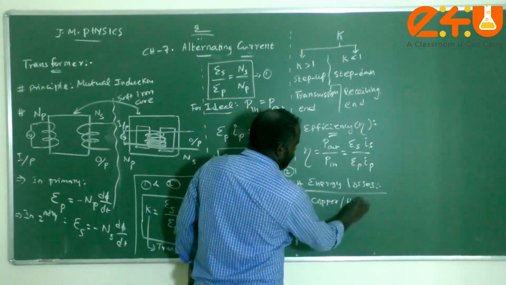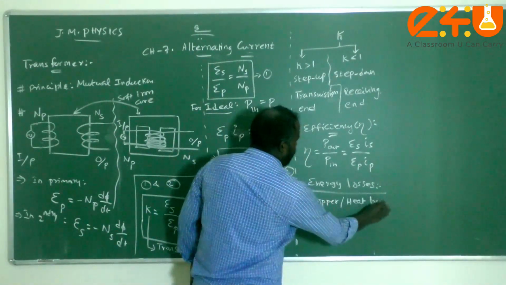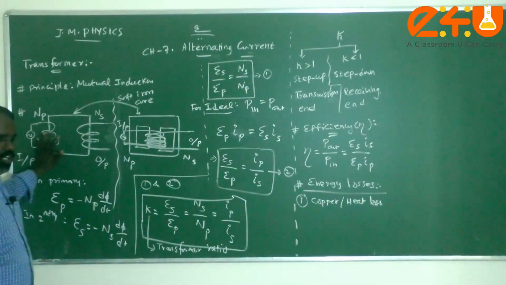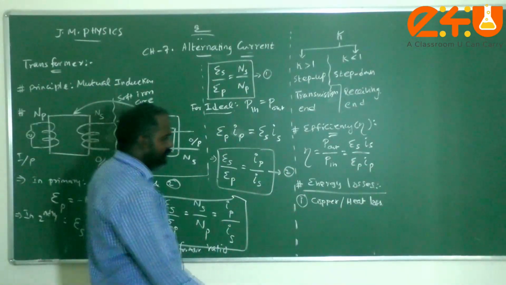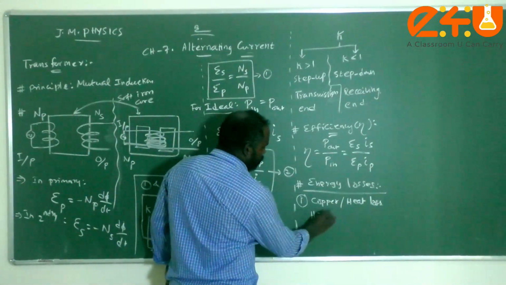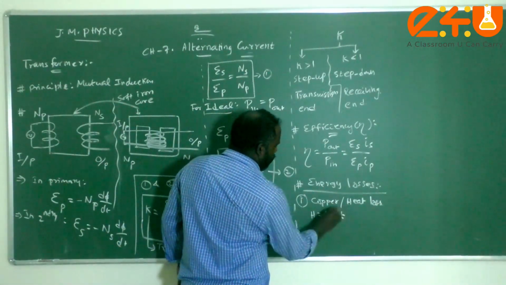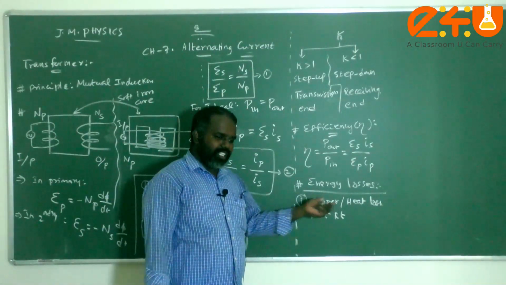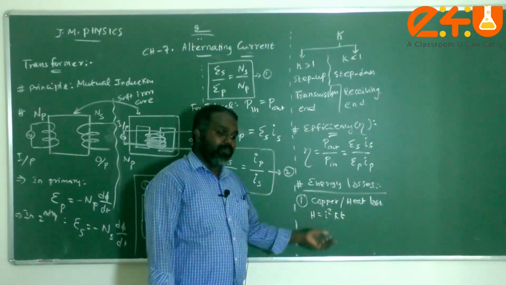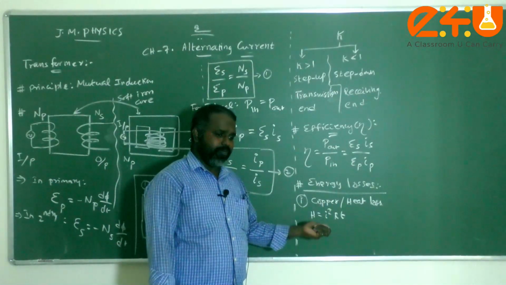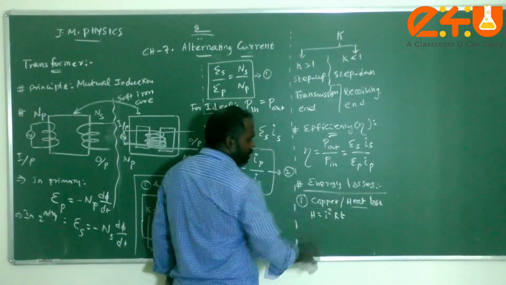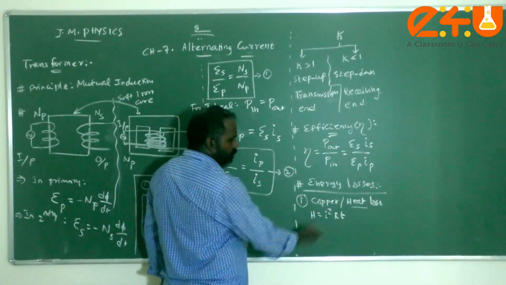Whenever current is passing through the coil, due to Joule's heating effect, H is equal to I square R into T. So, some amount of electric power is wasted in the form of heat energy, thermal energy. That is copper loss or heat loss, due to Joule's effect.